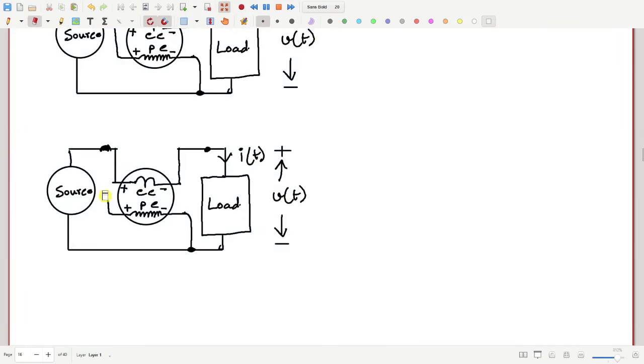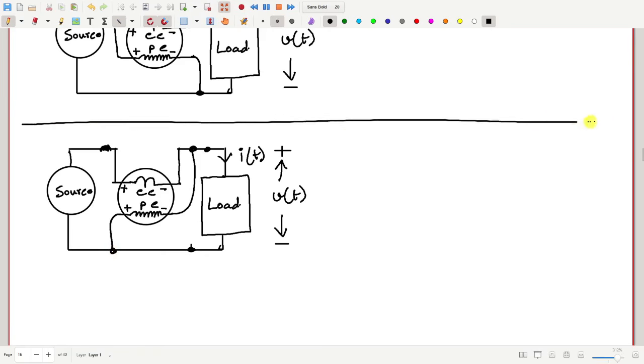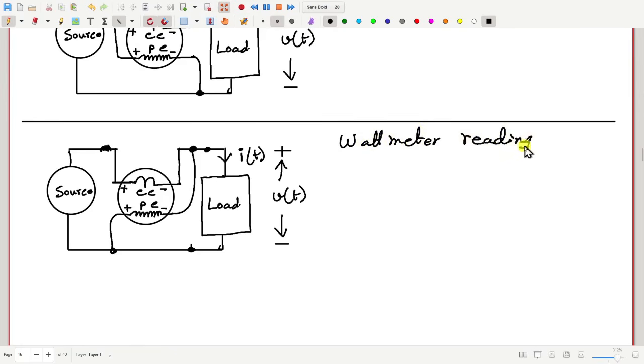Suppose I connect the pressure coil in the opposite direction. Now what will happen to the wattmeter reading? Anyone? Negative reading. Same, sir. Same.